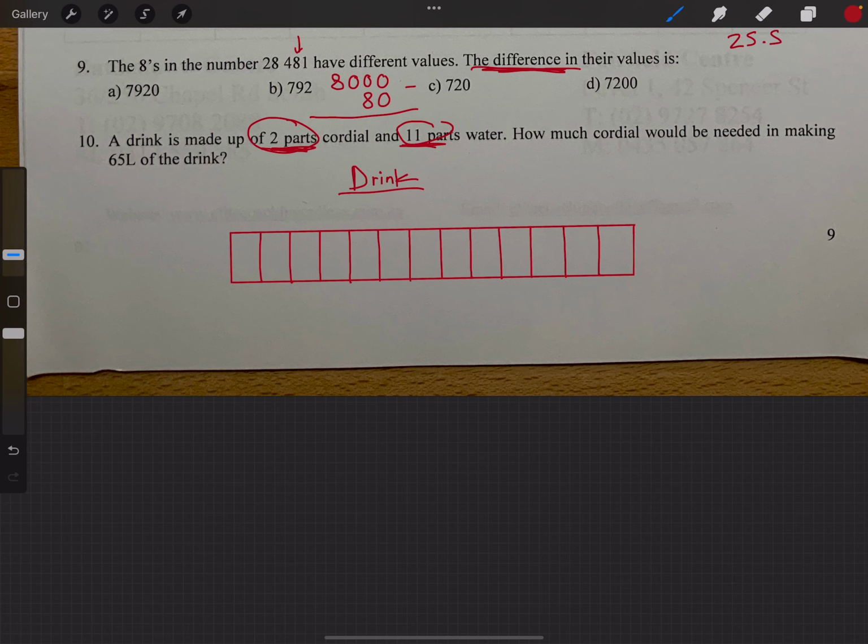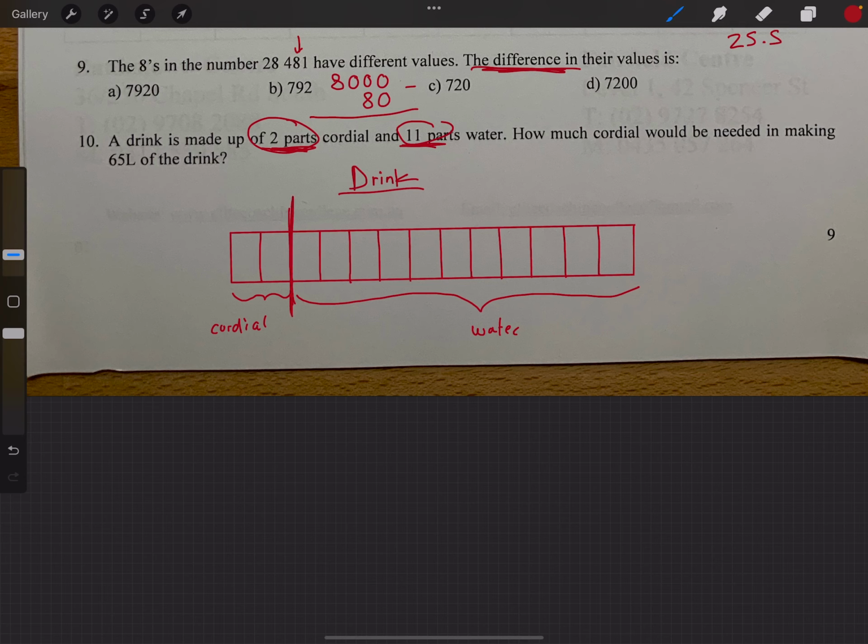Now, 2 parts is cordial. This is cordial. My bad. And 11 parts, this is all 11 parts water. Okay, I'm going to divide it so you can see clearly. 2 parts cordial, 11 parts water.